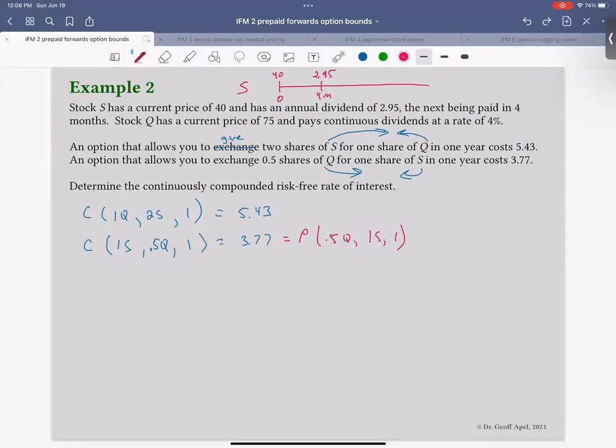So there's a nice little algebra principle here where I could do 2 puts at 0.5 Q and 1 S. And that'll just double the cost. So I'll have 2 times 377, see what that is. 754.